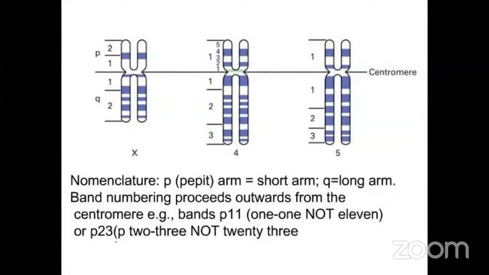The various positions of the bands on a chromosome can be named like band p11, band p23. So names are given to the various bands like p11, p12, q11, q12, and you can see the centromeric position there.